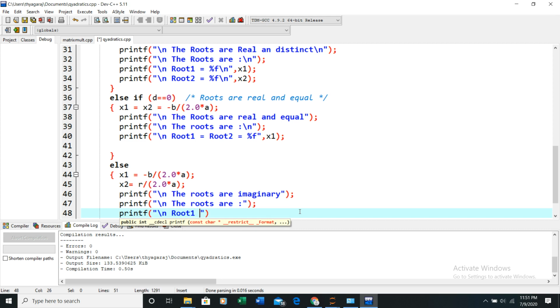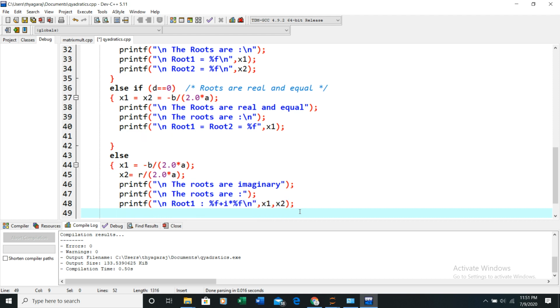Root 1 is percentage f plus I star percentage f slash n, comma x1 comma x2.